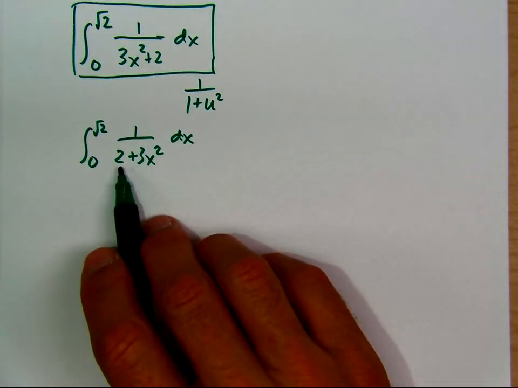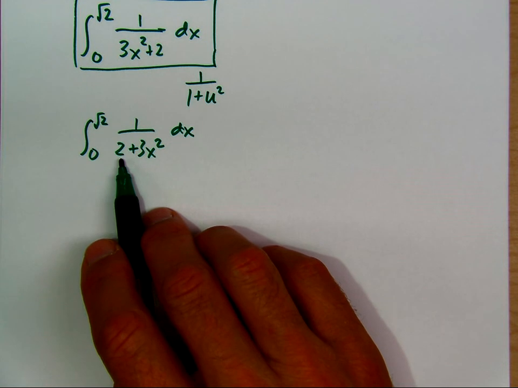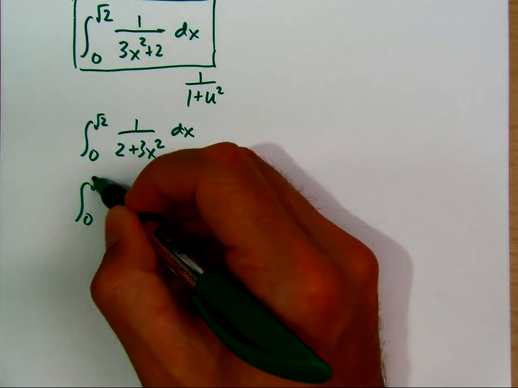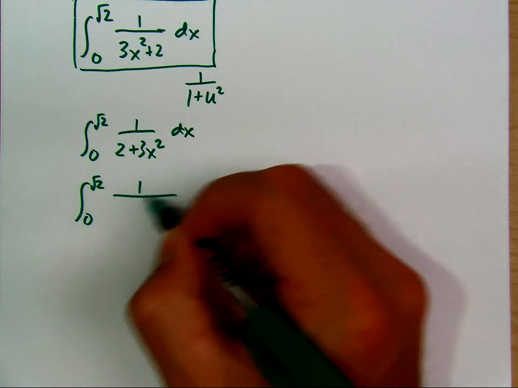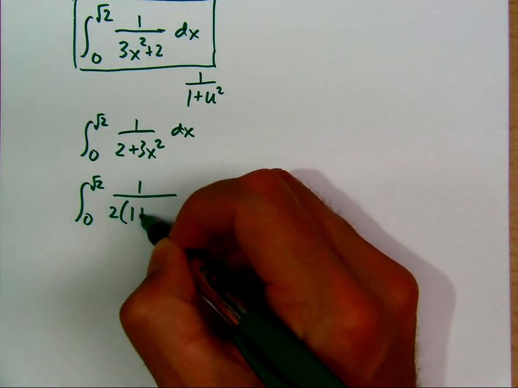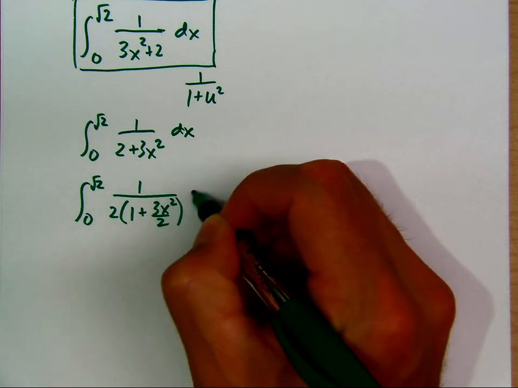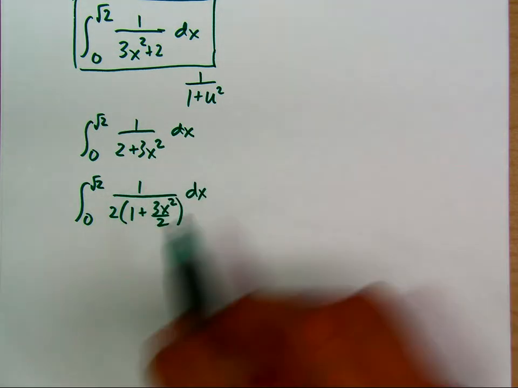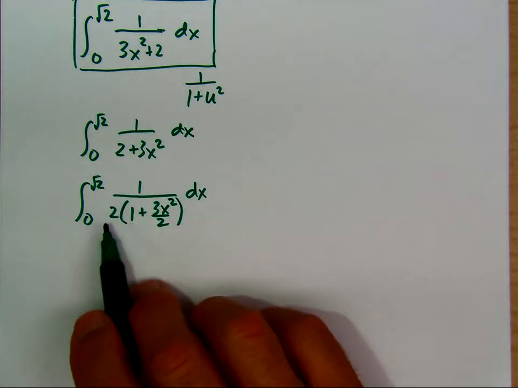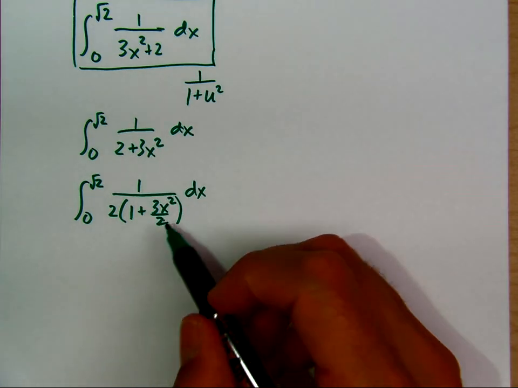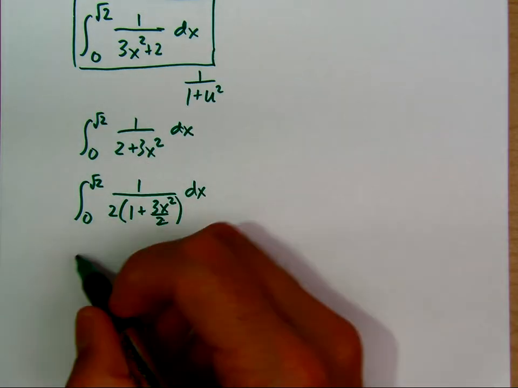And we're working towards making this look like that. Since this is not a 1, we need to factor out a 2. Two times 1 is 2. 2 times this cancels the 2, and we'll be left with 3x squared. Then let's put that 1/2 in front.